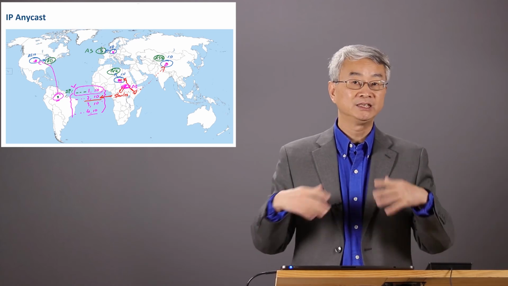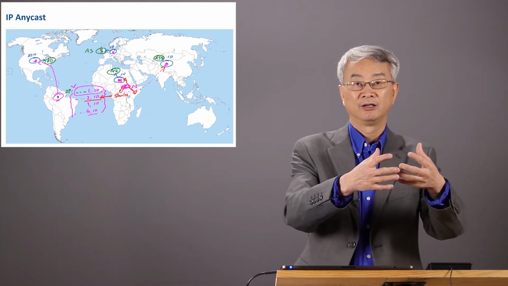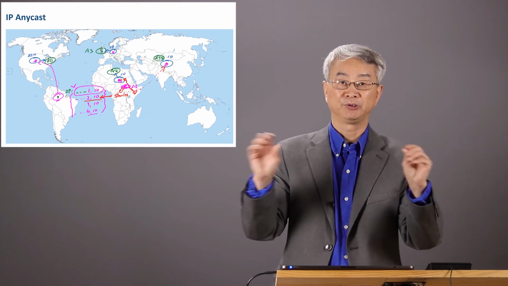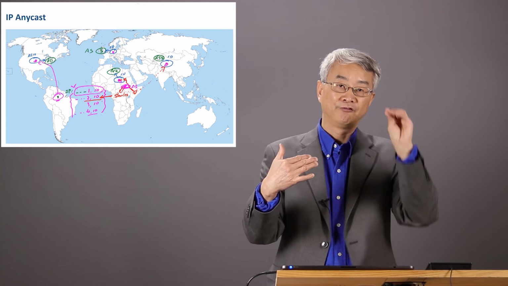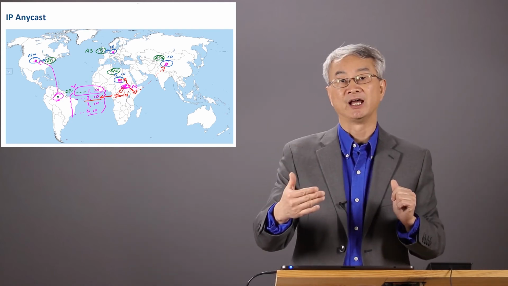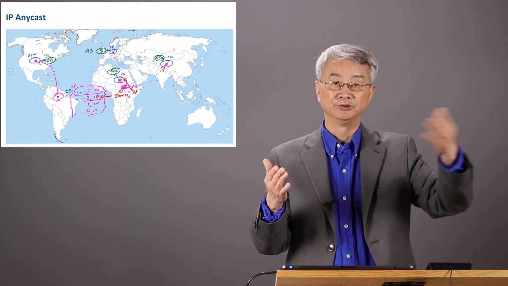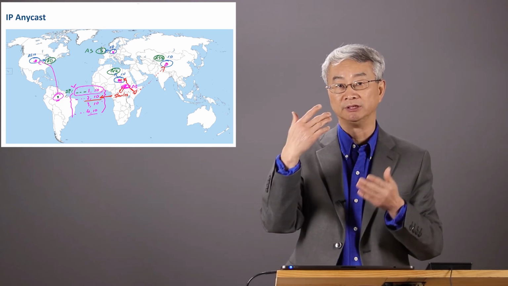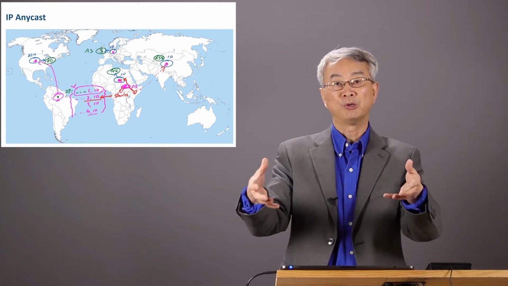But BGP doesn't care whether they are announced in one location or originate from multiple locations. It's going to see multiple paths for the same IP prefix and use its algorithm to select the best one. This could be the one going to the US, Europe or Asia. It really depends on where you are.